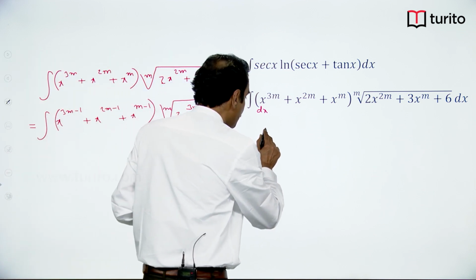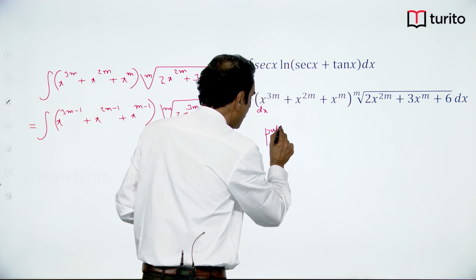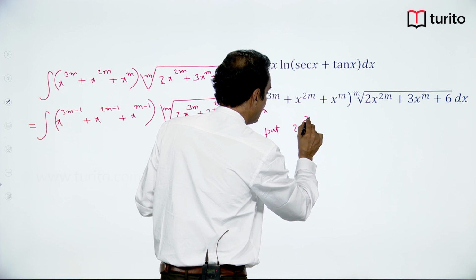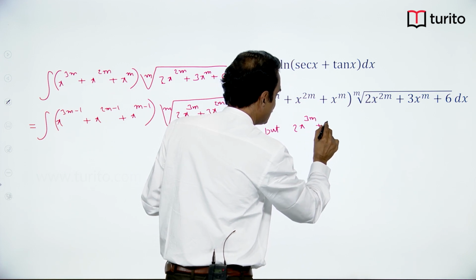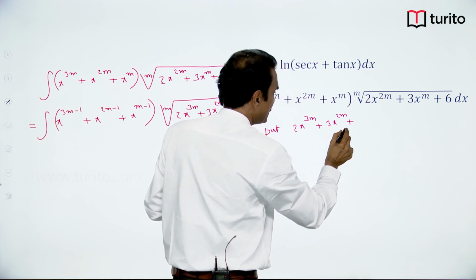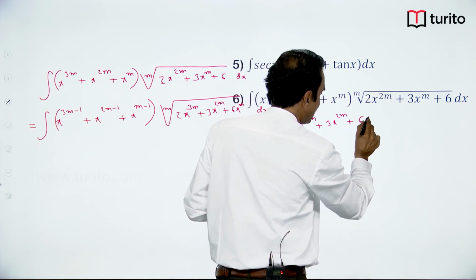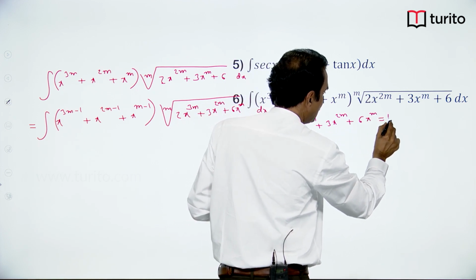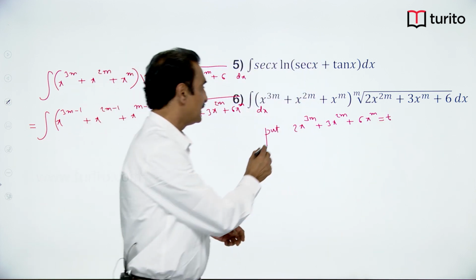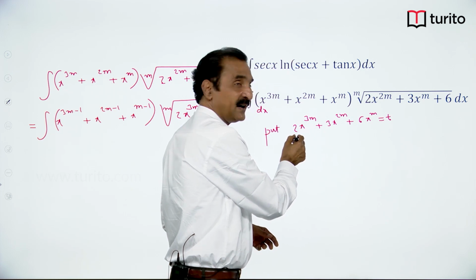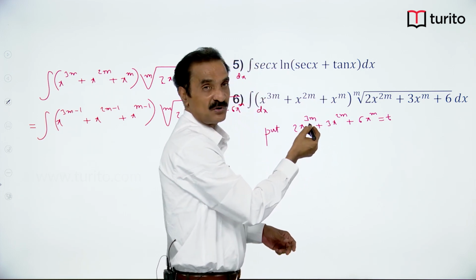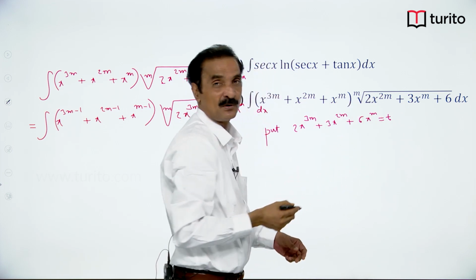Put 2x power 3m plus 3x power 2m plus 6x power m is equal to t. Differentiating it, you will get 6m x power 3m minus 1, here 6m x power 2m minus 1 plus 6m x power m minus 1.